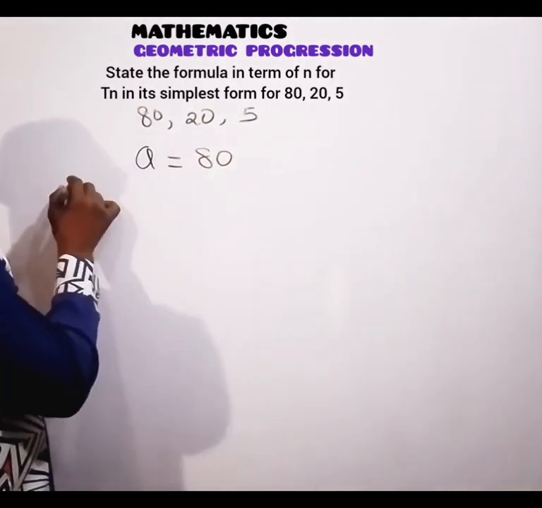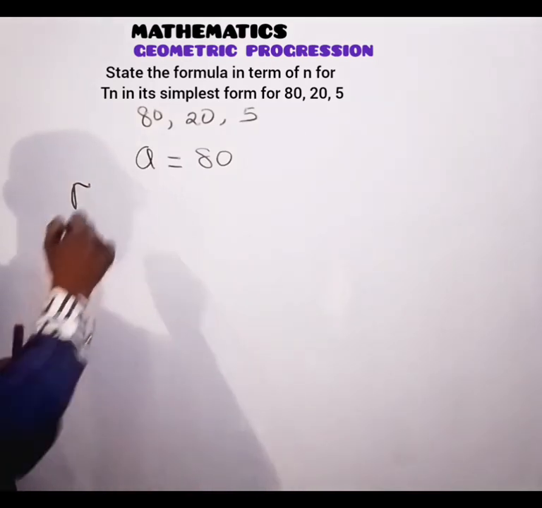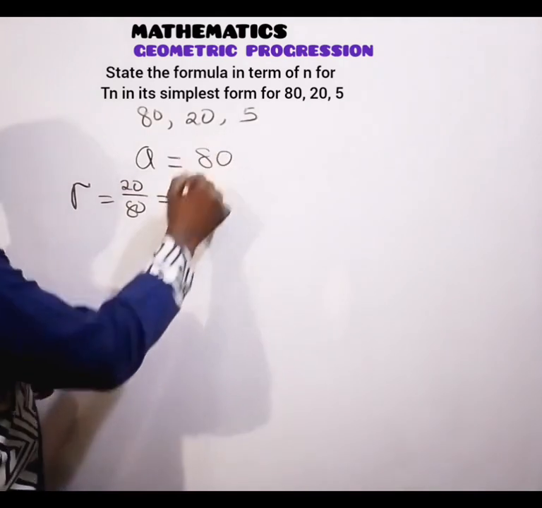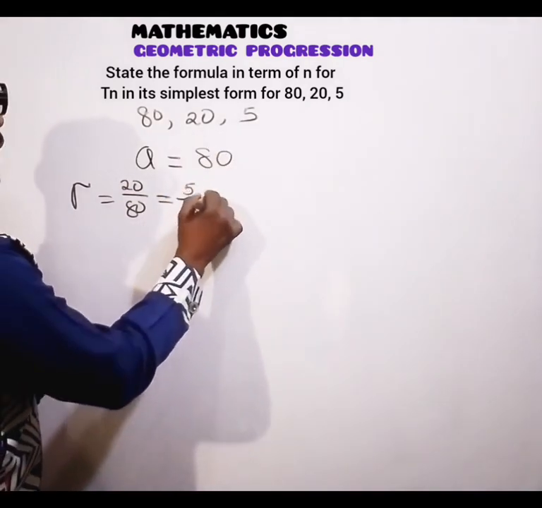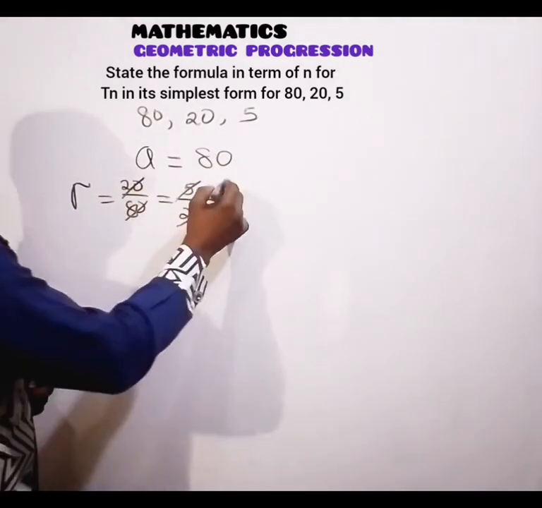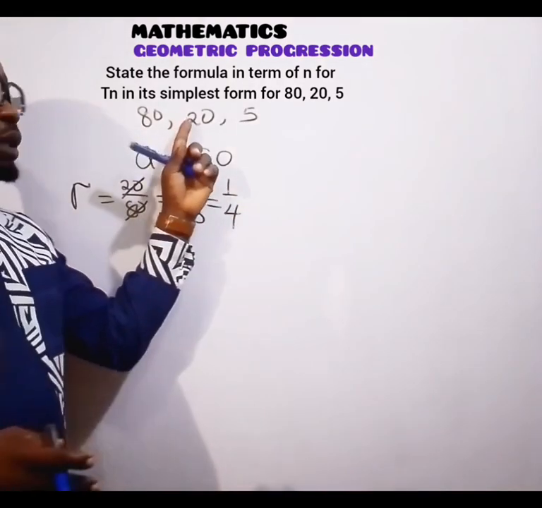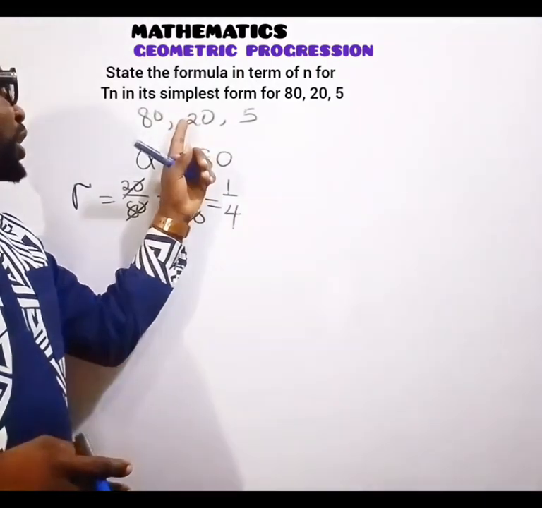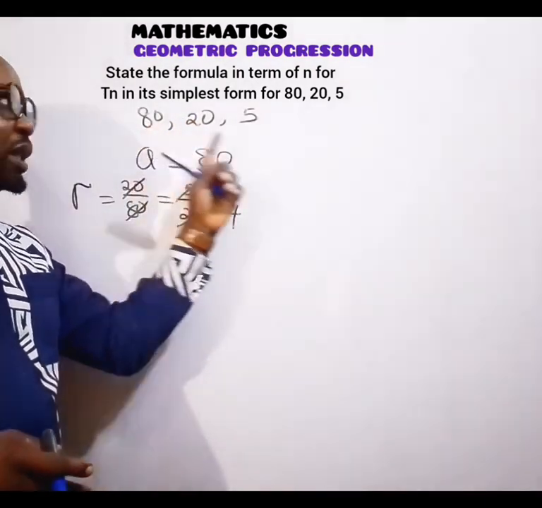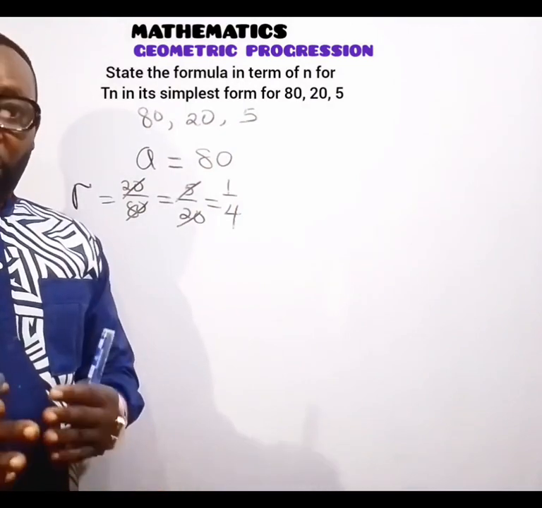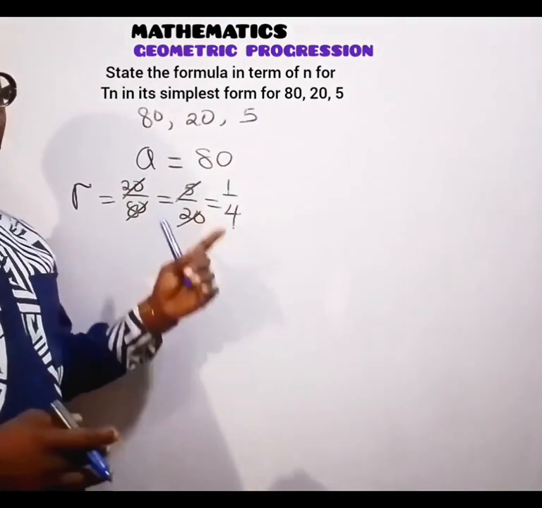Then our common ratio, which is our r, will be equal to either 20 over 80, which must be equal to 5 over 20, which is equal to, when you cancel, we are going to get 1 over 4. Since we are able to get the value, whatever the common ratio between this and this is equal to the common ratio between this and this.